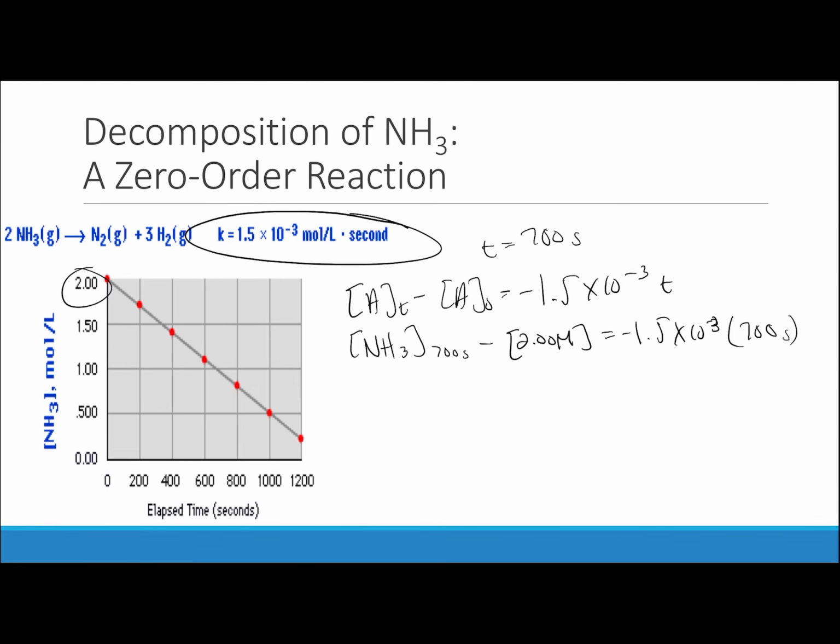And we get an NH3 concentration at 700 seconds equal to 0.95 molar. And if we look at 700 seconds, that is about where it's at. Fantastic.